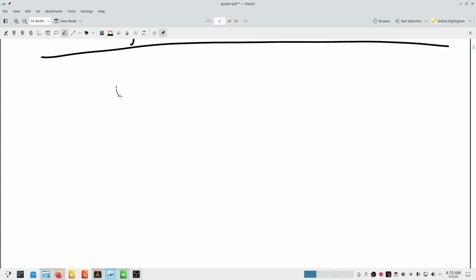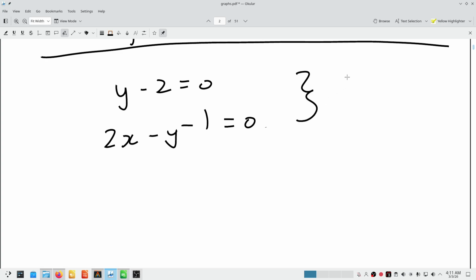Y minus 2 equals to 0. Second equation is 2x minus y minus 1 equals to 0. Now, the question is, you have these two lines, x and y axis, okay? How do you actually find the area of the trapezium?